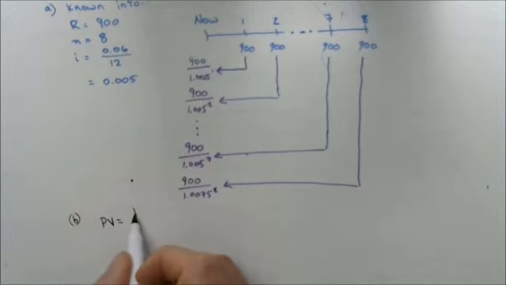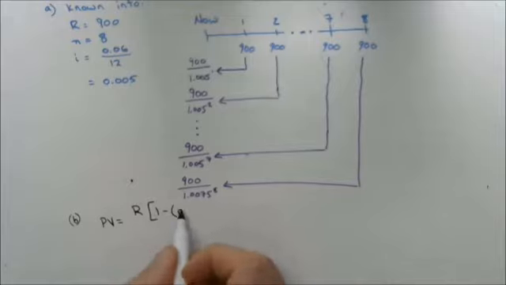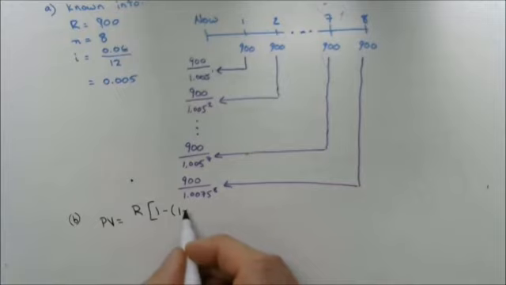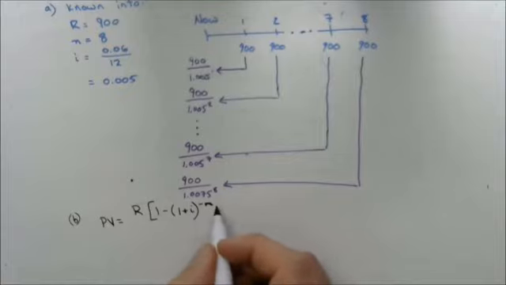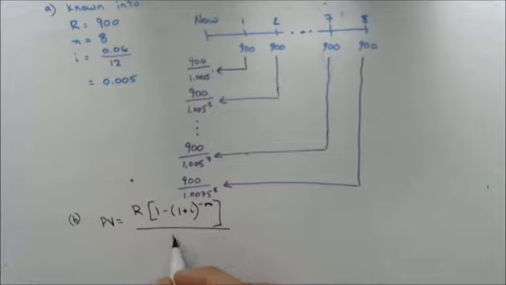PV equals numerator R square bracket 1 minus bracket 1 plus i, right, to the power of negative n, not m, close bracket, denominator i. Sub in what we know. What do we know?